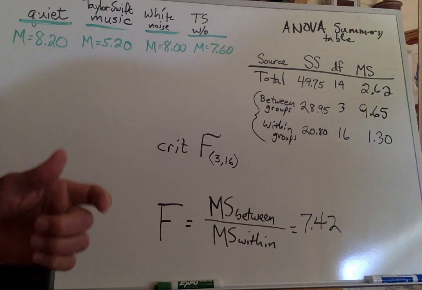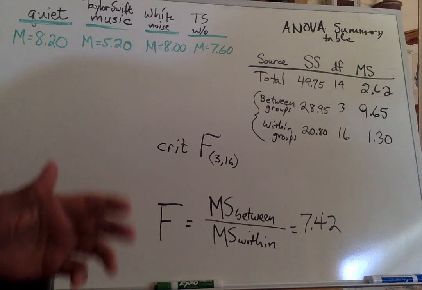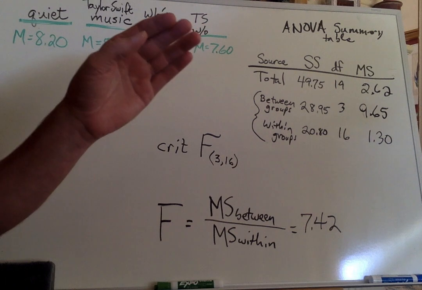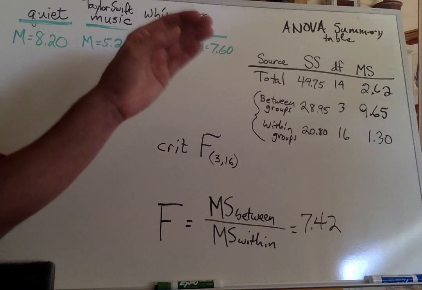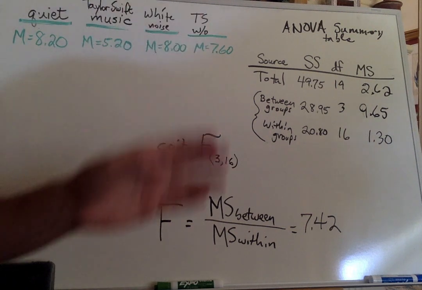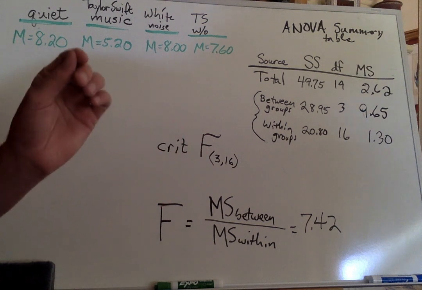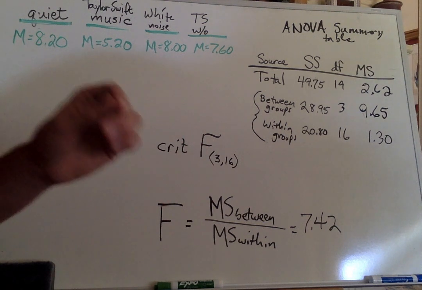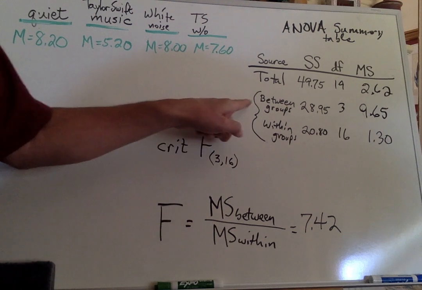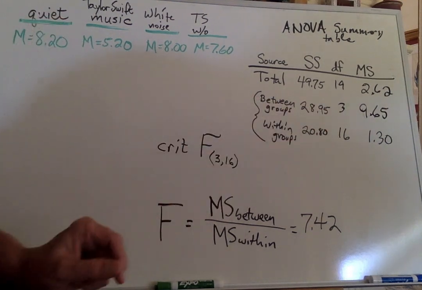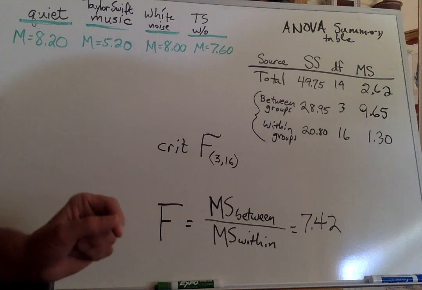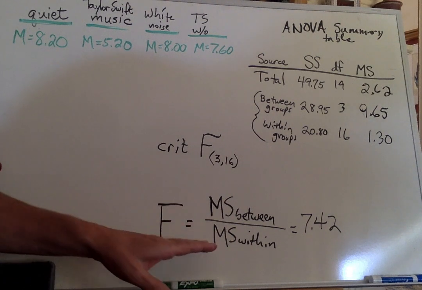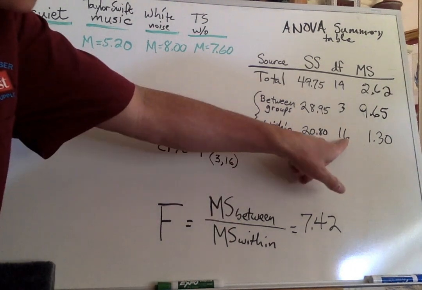And if you look at the table, take a moment to look at the top row and the side column, and it will tell you. They want to know the degrees of freedom associated with the numerator. And so the numerator is here, right? So it's 3 degrees of freedom, and then they want to know the degrees of freedom associated with the denominator, and that's the within group, so that's 16.